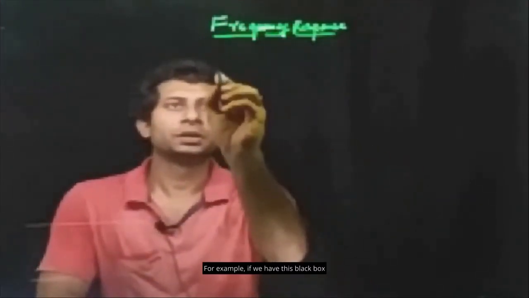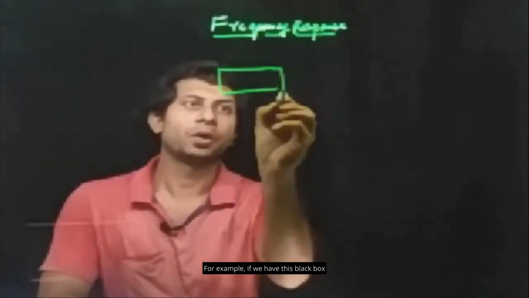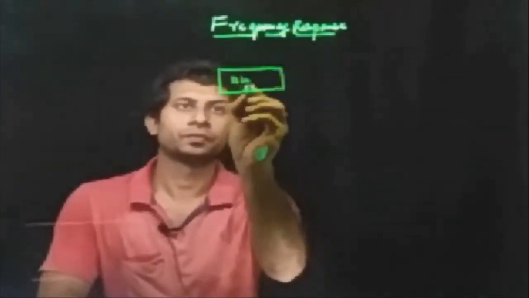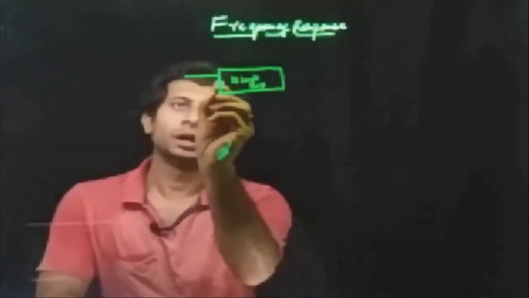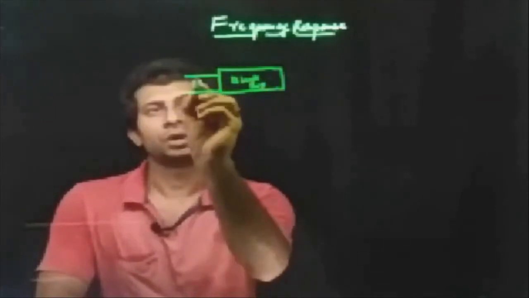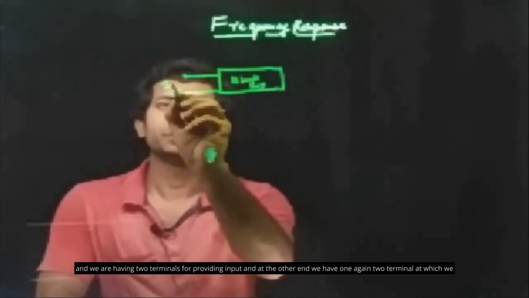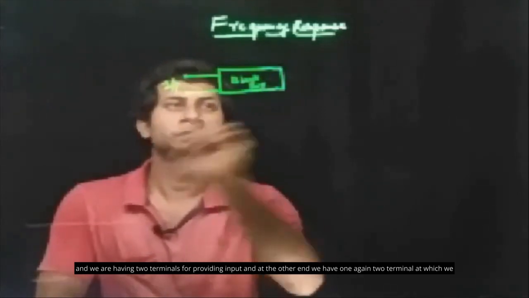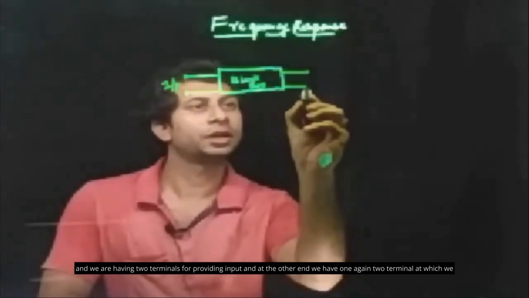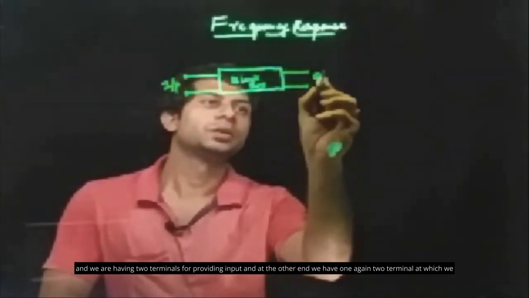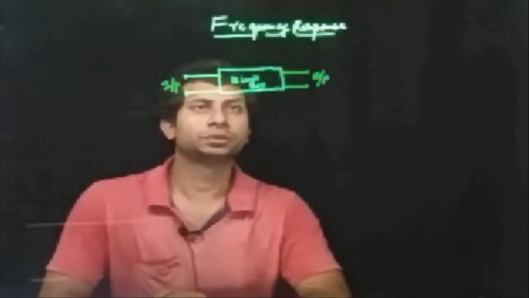For example, if we have this black box, and we have two terminals for providing input, and at the other end we again have two terminals at which we get output.